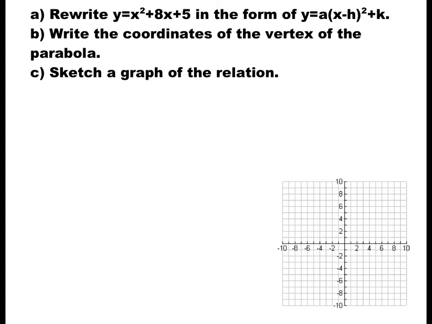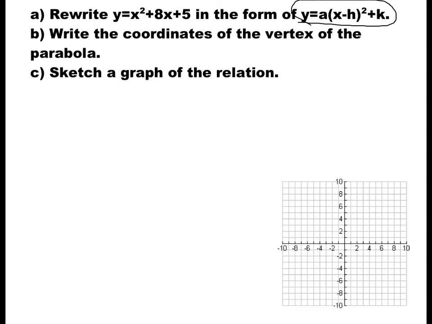The question is: if I have y equals x squared plus 8x plus 5, how do you change this into vertex form? And from there I have to find the coordinates of the vertex and then plot the graph.